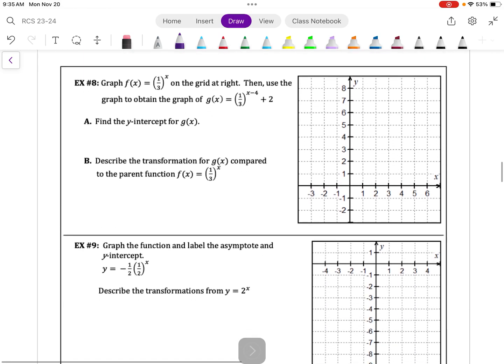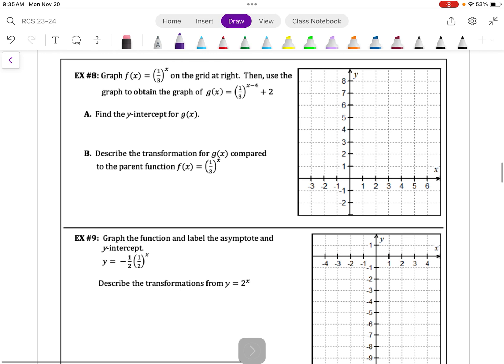All right. Example 8. Graph f of x is equal to (1/3) to the x on the grid on the right. Then use the graph to obtain the graph of (1/3) to the x minus 4, plus 2. First, we are going to find the y-intercept for g of x. If I do my y-intercept, I'm going to want g of 0.